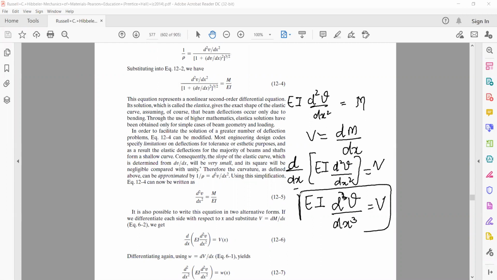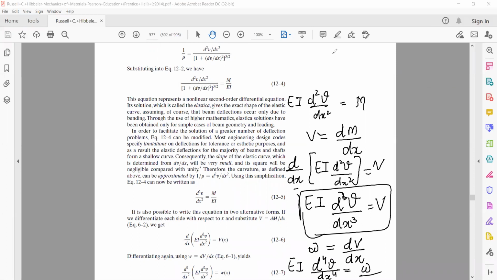This is one more equation of the beams. We also know that the intensity of the load on the beam is given as dV by dx. Now if we differentiate this equation, we get EI d4 nu by dx4 is equal to w, that is the intensity of the load.